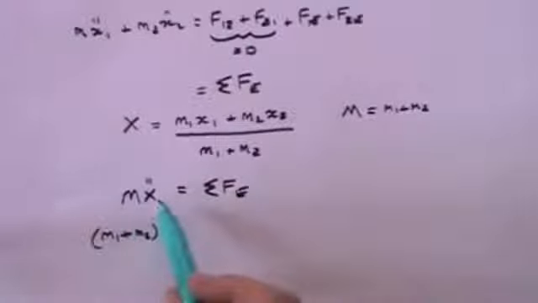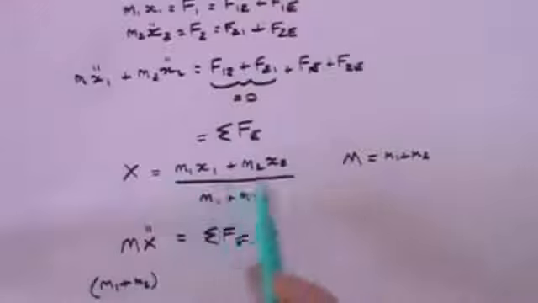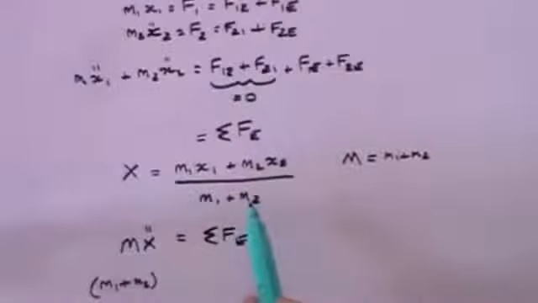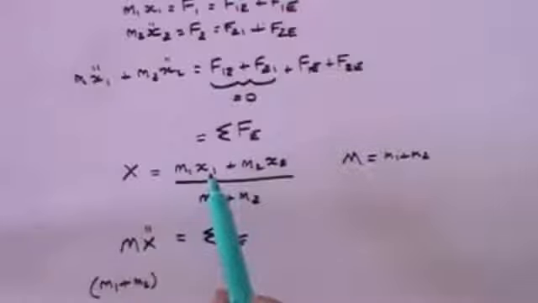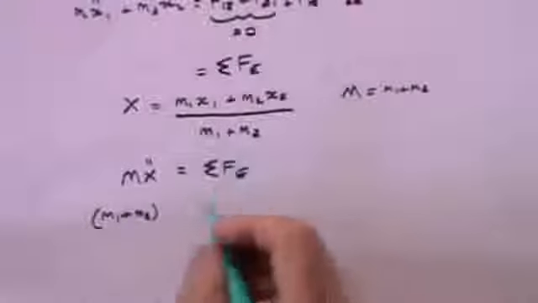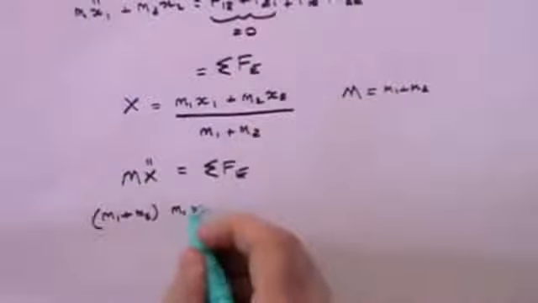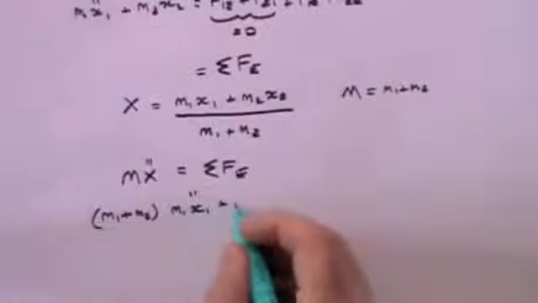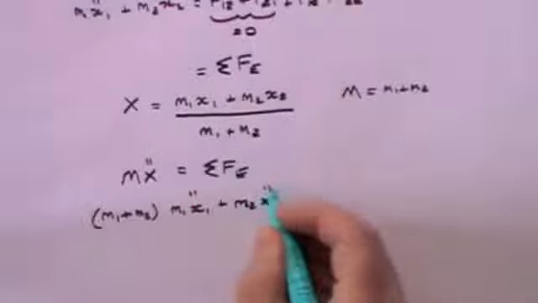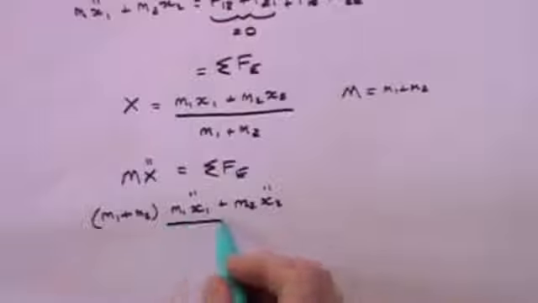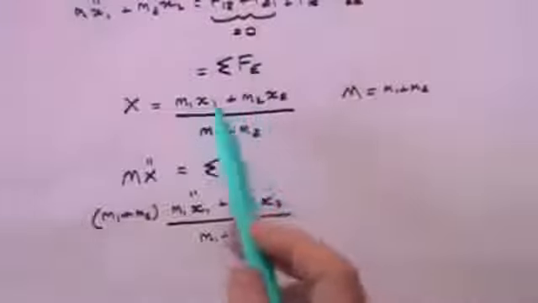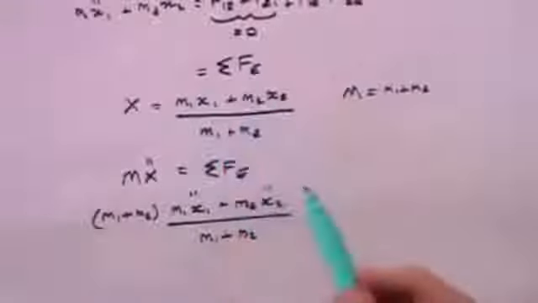What is X double dot? Well, here is X. m1 and m2 are of course constants, so they won't change with time. So we just have to do the double differential of x1 and x2. So that's going to be m1 x1 double dot plus m2 x2 double dot divided by m1 plus m2. It's the second differential of this term here.